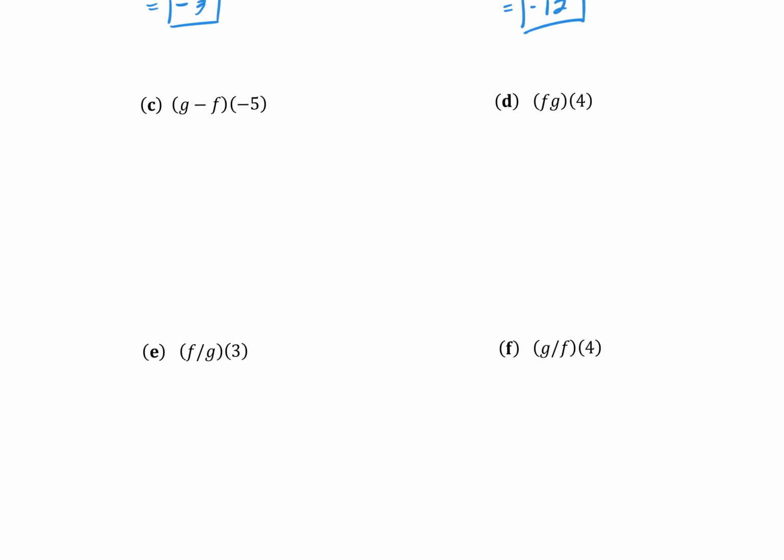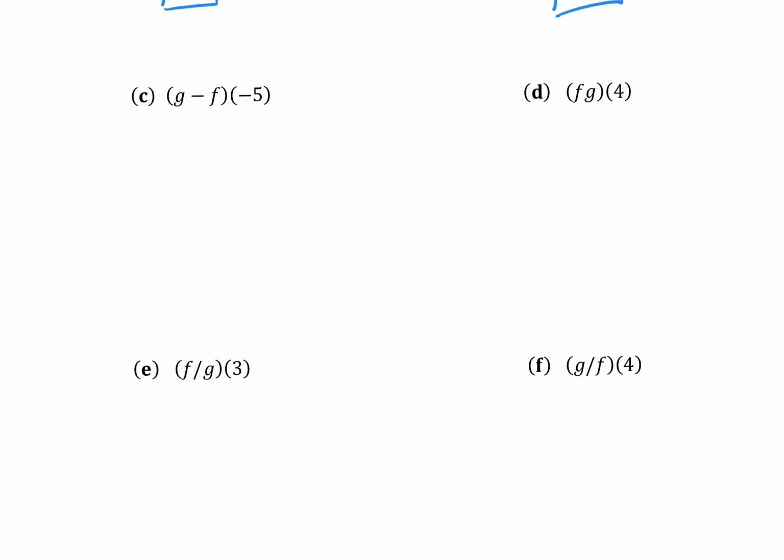And again, this time we're changing the order of our subtraction. We're going to look at g of negative 5 minus f of negative 5. We did figure out what g of negative 5 was previously, as well as f of negative 5, but I'll compute it over again. It's going to be negative 2 times negative 5 plus 5. That was our g.